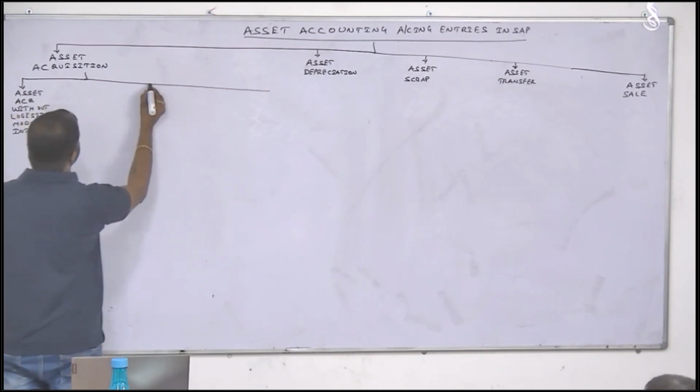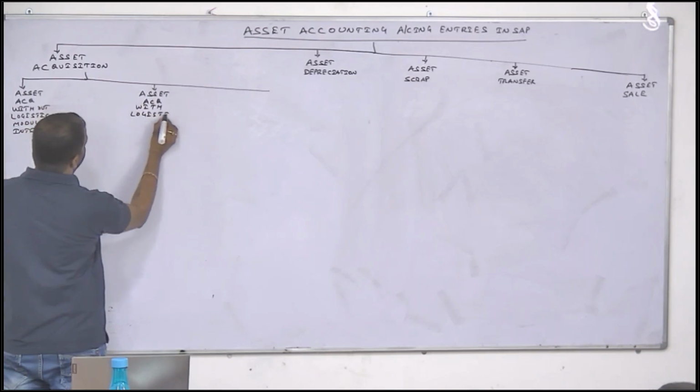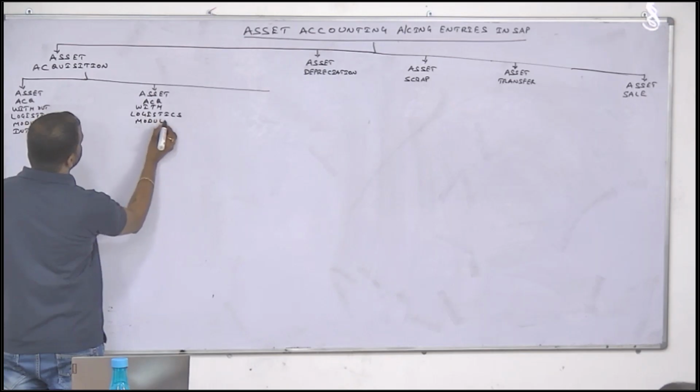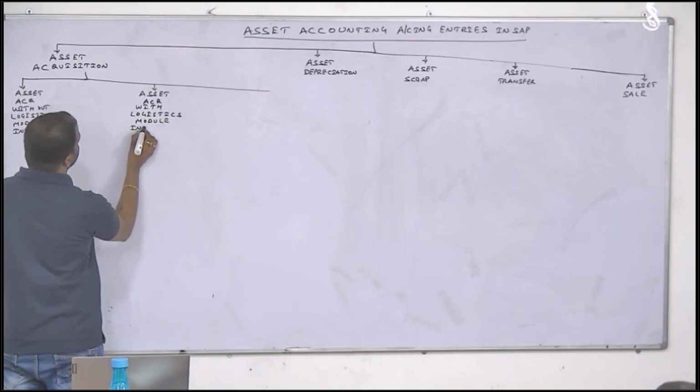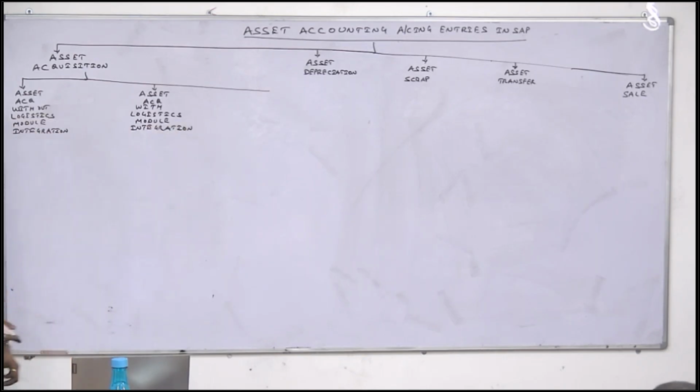Right. So what is the second one? Asset acquisition with logistics module integration.